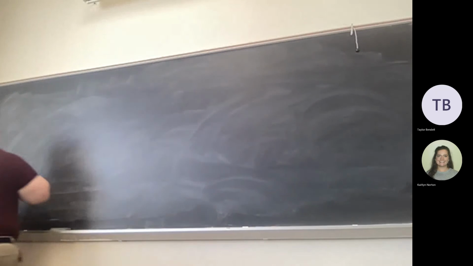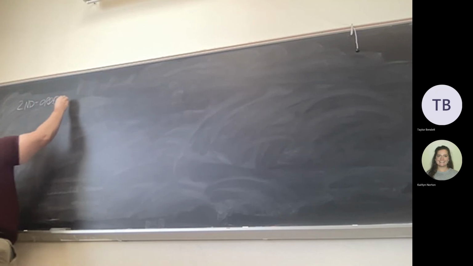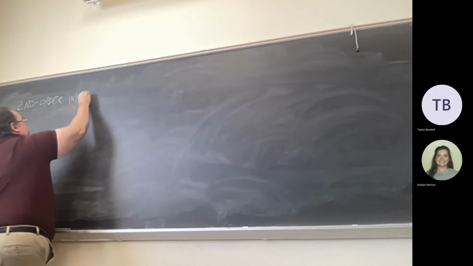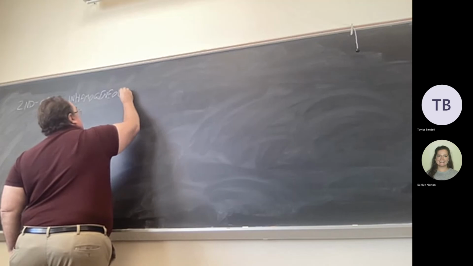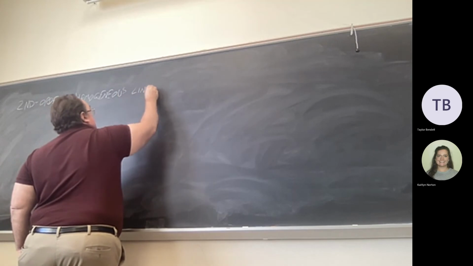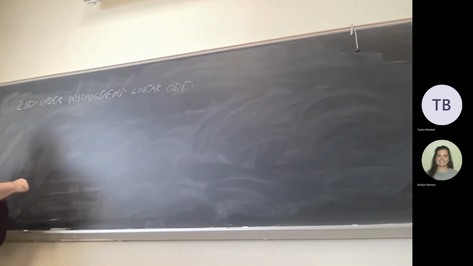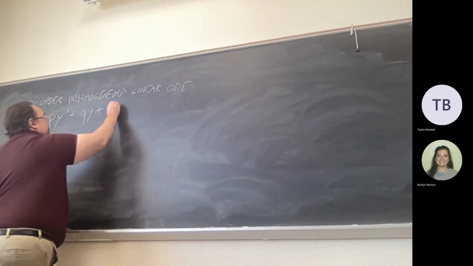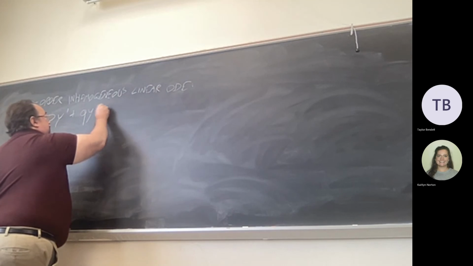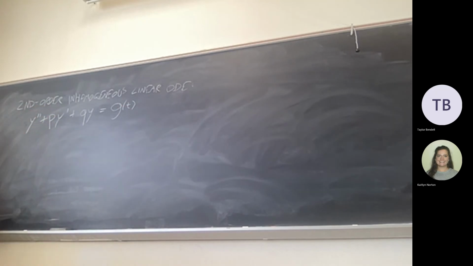So if we look at a second order inhomogeneous linear ODE, we have y double prime plus p y prime plus q y equals some non-zero function g of t.